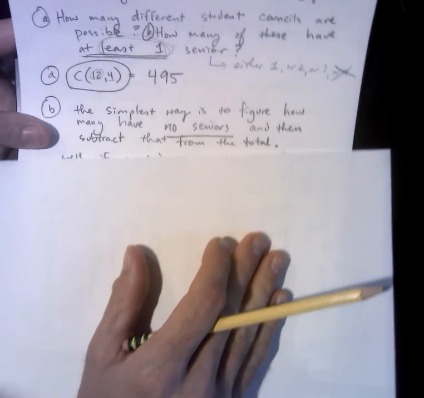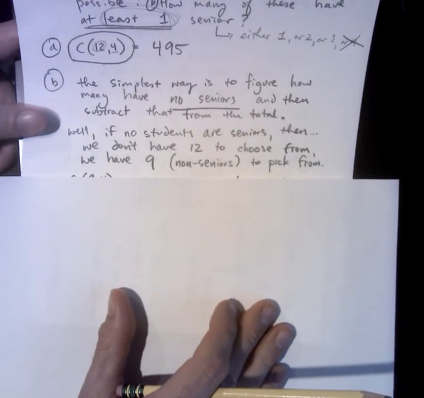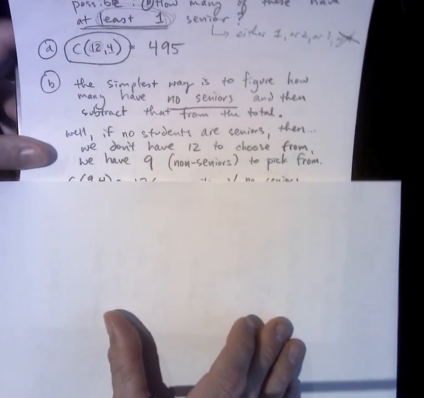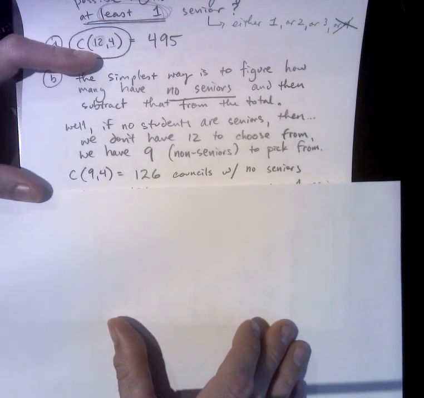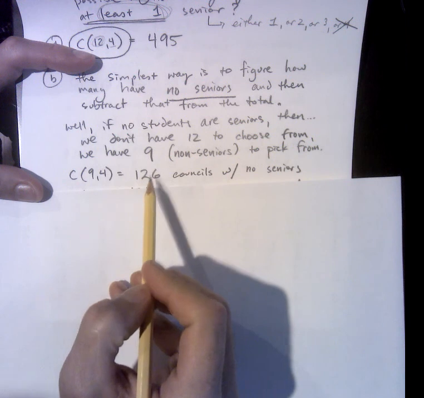If no students are seniors, then we're not choosing from the 12 anymore, we're only choosing from the 9 non-seniors. So how many councils don't have any seniors on them? 9 choose 4 comes out to 126.